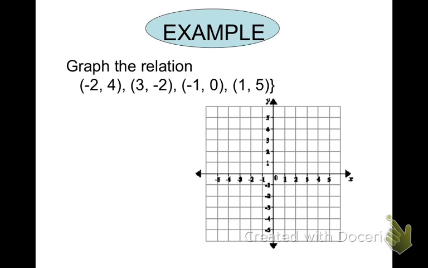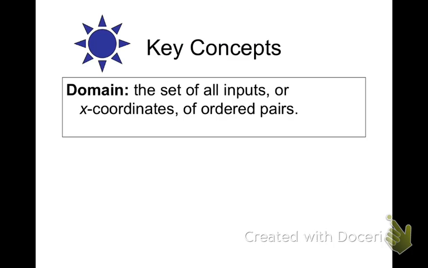So if we think about the set that we just had, so we had negative 2, 4, 3, negative 2, negative 1, 0, 1, and 5. Those were the set of my numbers for my relation. What would be the domain?